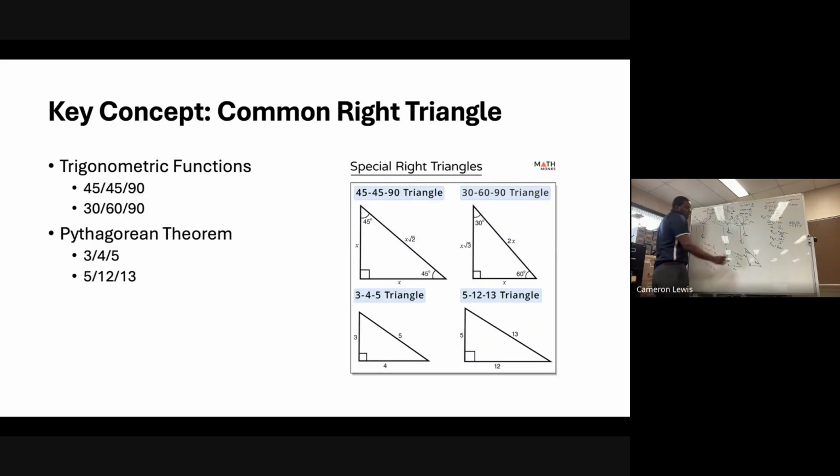So now that I know this is 5 here, and it's across from the 60, I want to find out what this one is, because this one would just be 2 times x. But we know that the one across from the 60 is x times root 3.